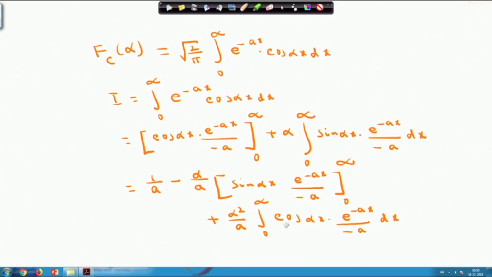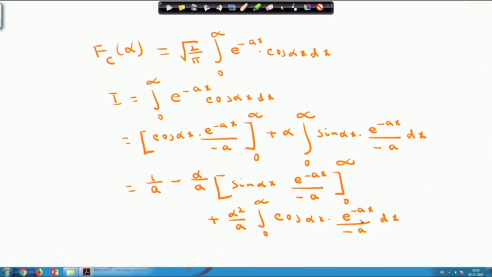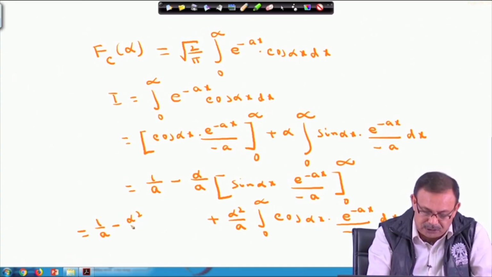And this integral 0 to infinity cos of alpha x into e power minus a x dx, this is nothing but the integral I. So, this equals, I can write down, 1 by a minus alpha square by a square into I, as the second term will vanish in the last one.